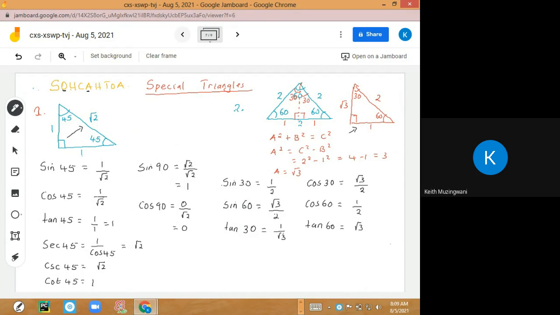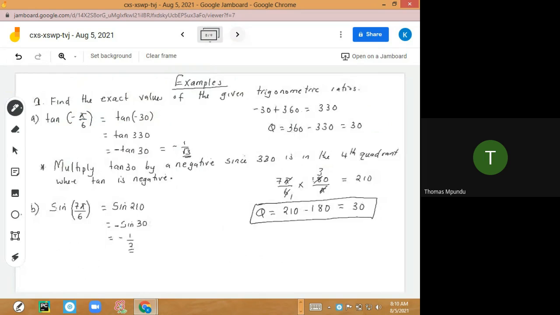So if you're multiplying sine by negative, the negative will just be attached to the half. Is that okay? Yes, understood. Good.